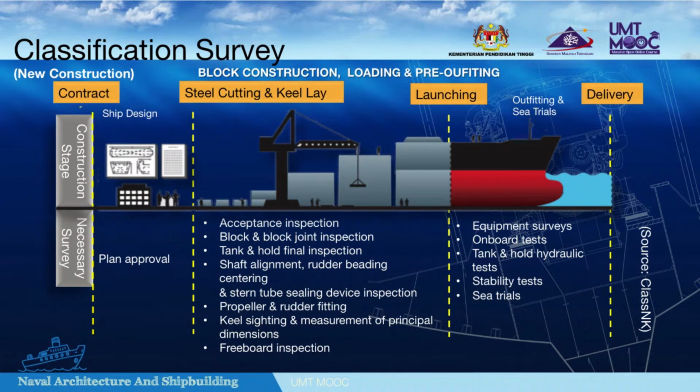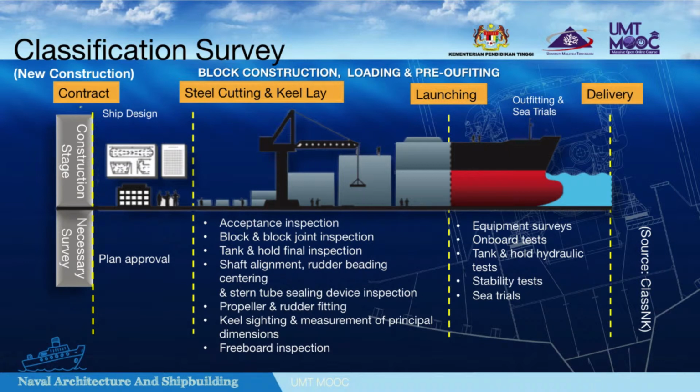survey during the new construction, as can be seen in the chart, new construction classification is an extensive process with surveys that cover every stage of ship construction. For example, the classification starts to be involved when the contract is signed between the ship owner or shipbuilder and the classification society.